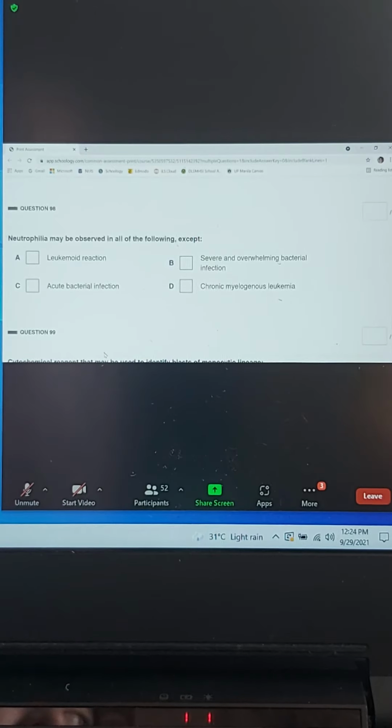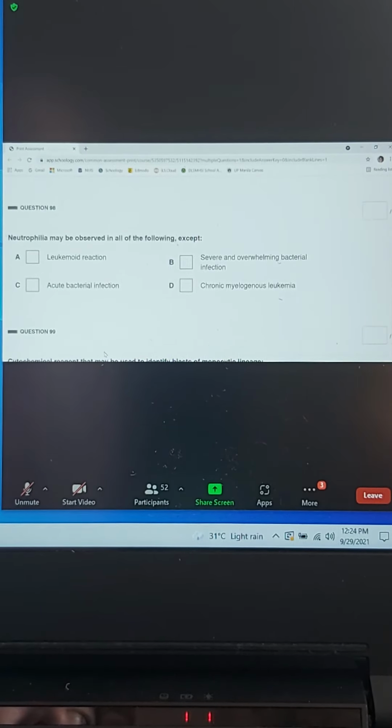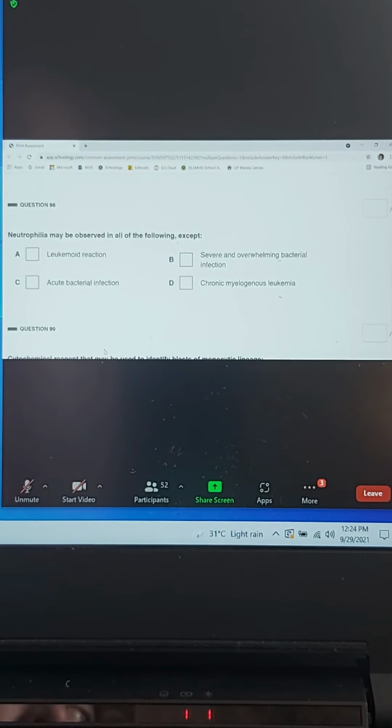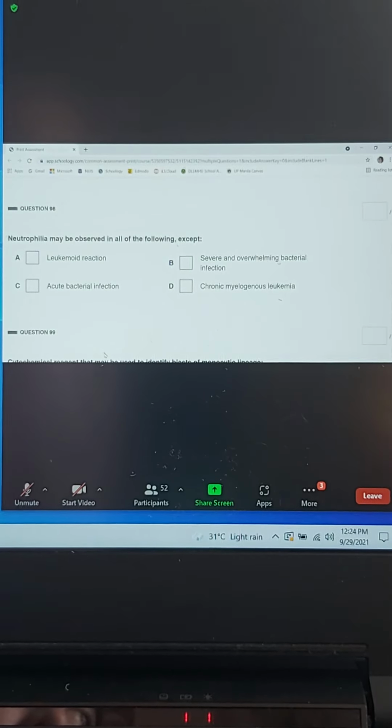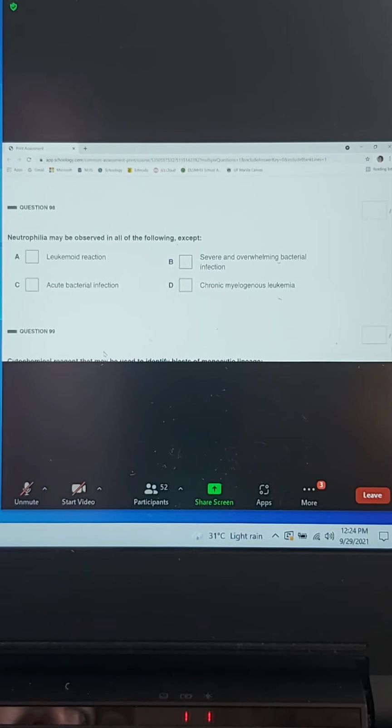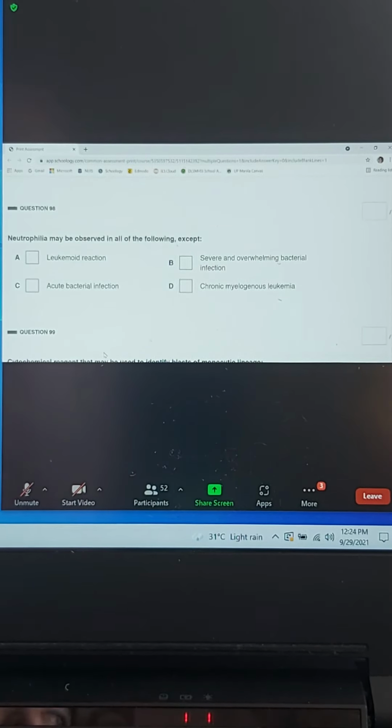Actually, 98 is a bit tricky, no? Kasi lahat sila considered na nagkakaroon ng increase in white blood cell count. Okay, so leukemoid reaction, CML, infection, they all cause leukocytosis. However, the correct answer here, class, is letter D.